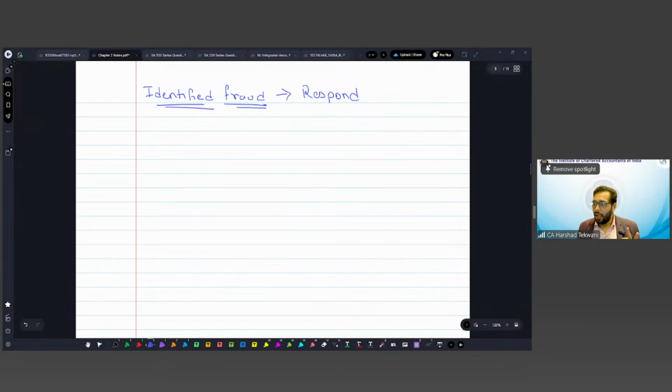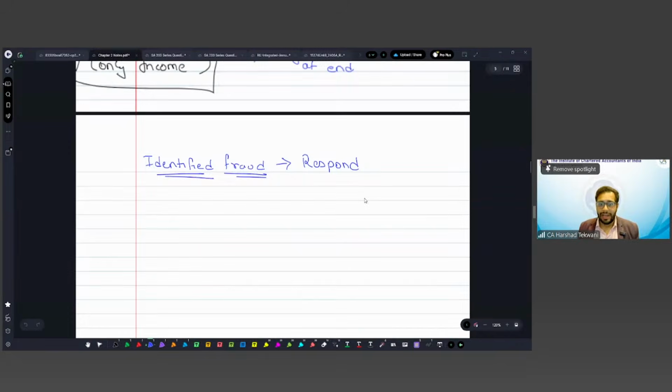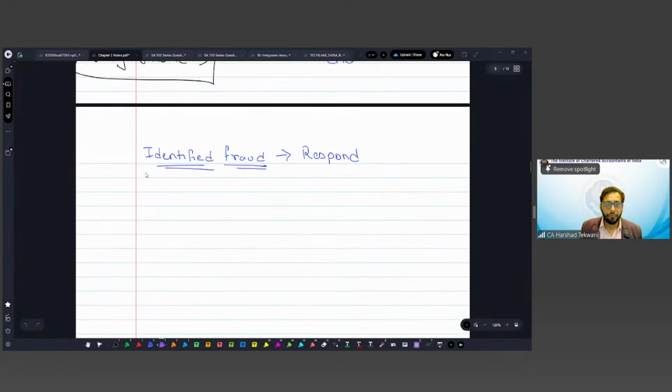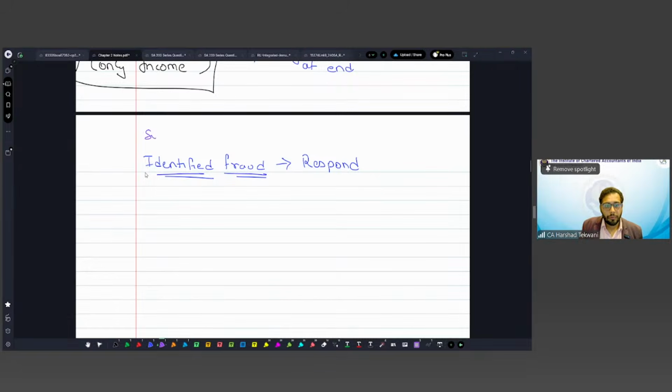So if I talk about responding to the fraud, I have written identified fraud, but you need to consider one more thing over here. Along with the identified fraud, I will add one more term: suspected and identified fraud. Why suspected?